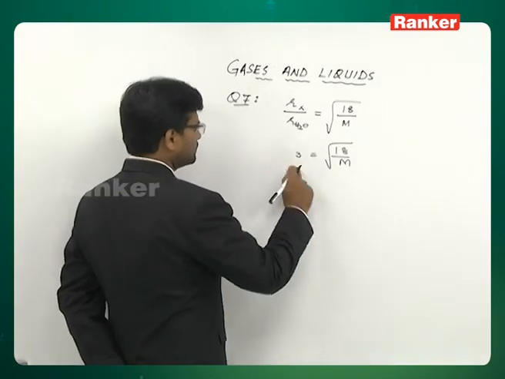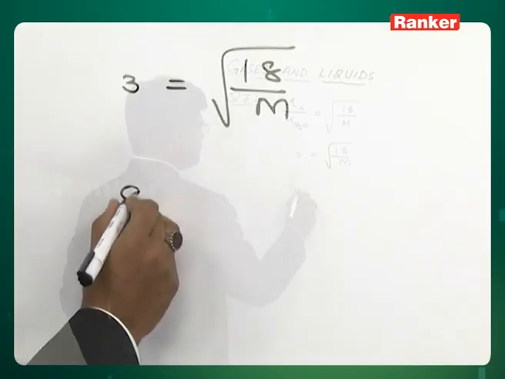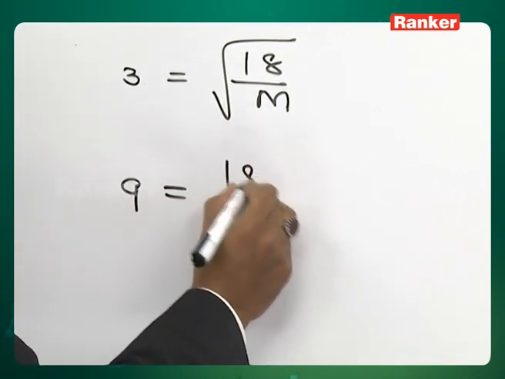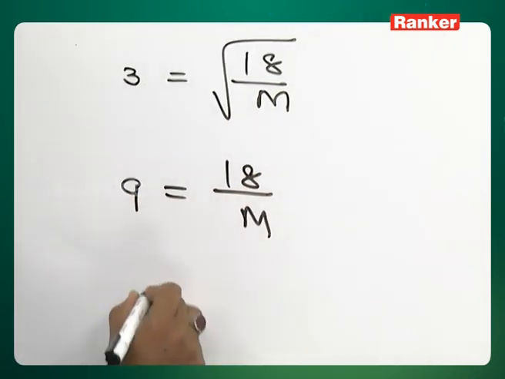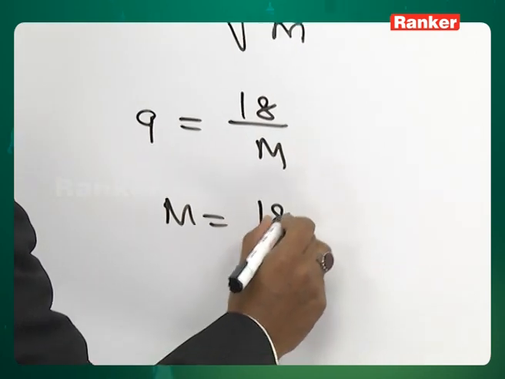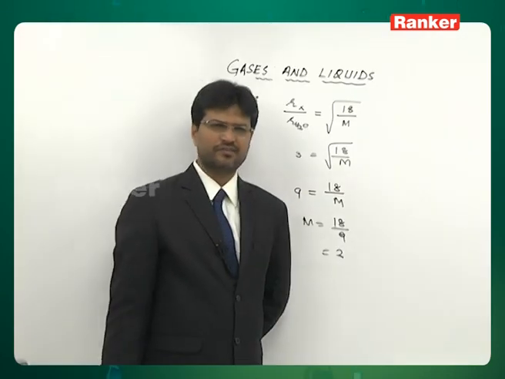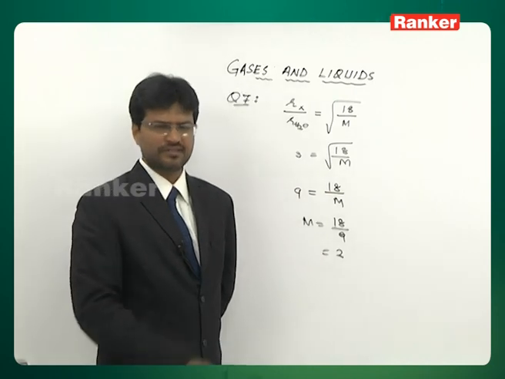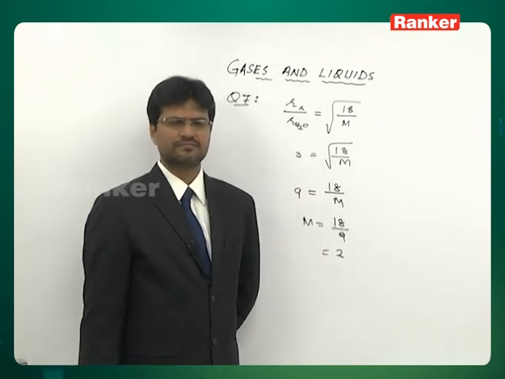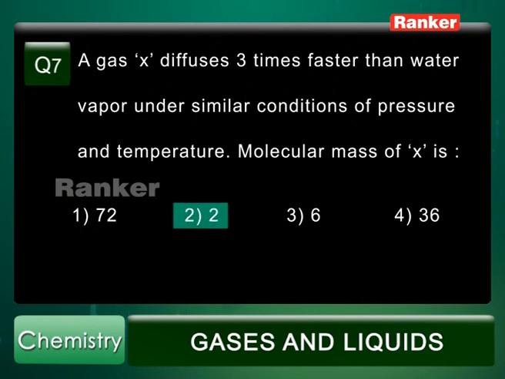Now you square both sides, then this becomes 9 equals 18 by m. So m equals 18 by 9, that comes to 2. The gas could be hydrogen gas because its molecular weight comes to 2 units. Answer is second option.